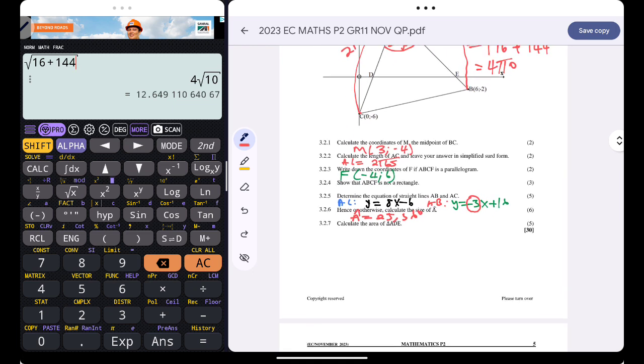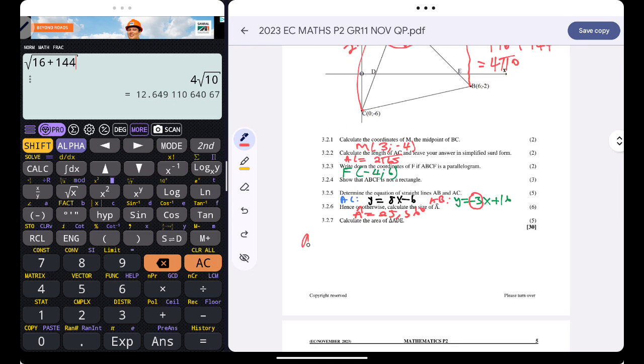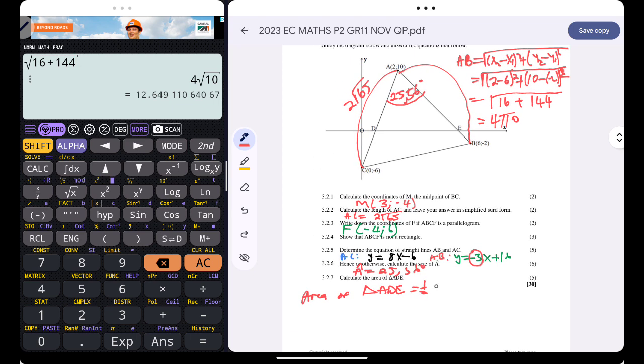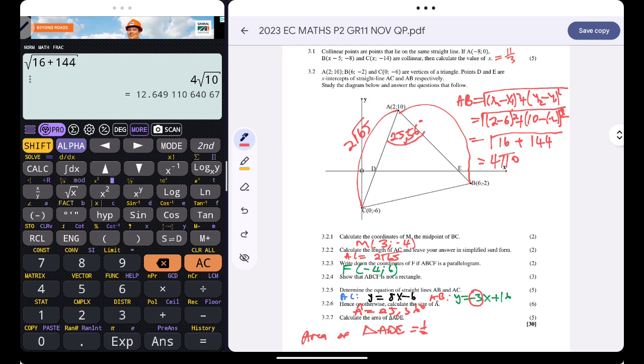So for me to find the area, I'll simply say area of triangle ADE is equal to 1 over 2 multiplied by, they said ADE. Oh wow, guys, I mean, I wanted to find the area of triangle ABC.